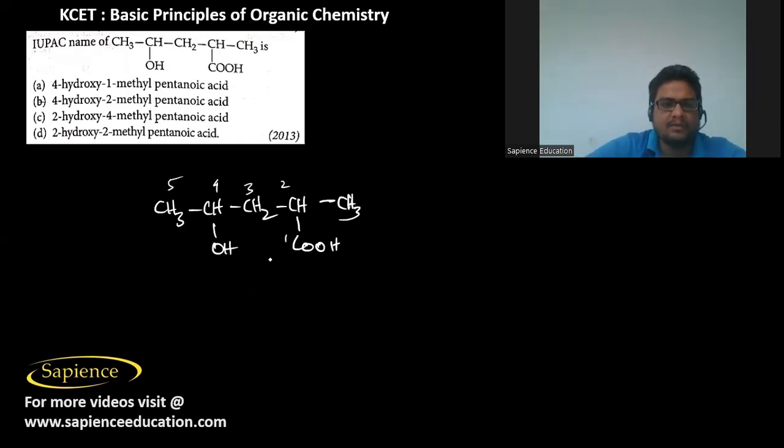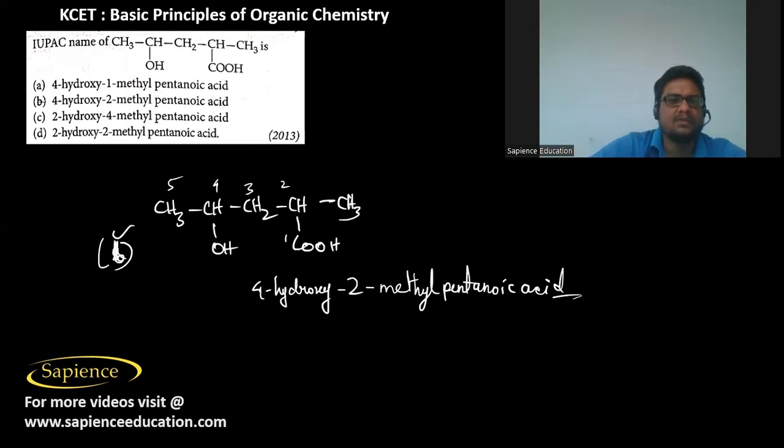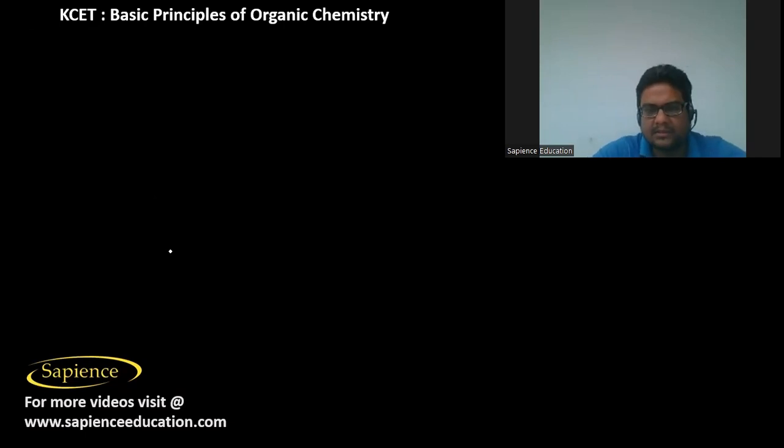So its name will be 4-hydroxy-2-methyl pentanoic acid. So option A is the correct answer. No, option B is the correct answer. 4-hydroxy-2-methyl pentanoic acid. Option B is the correct answer.